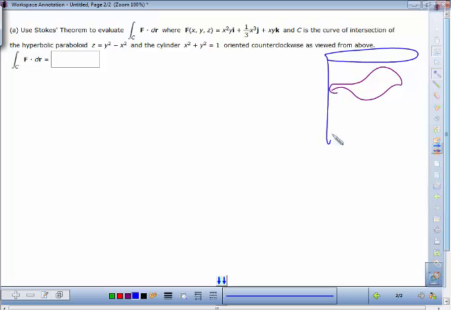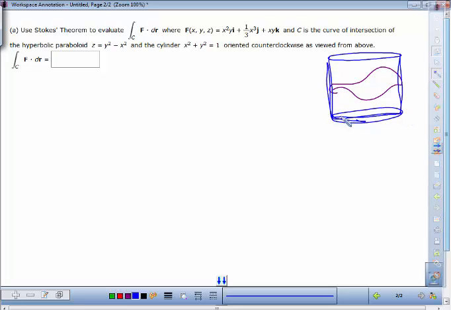But the intersection is with this cylinder. So this is your cylinder, right? And you're really just concerned about looking at it from the top. You're concerned about this saddle having this orientation that's going in a counterclockwise direction when viewed from above. So the orientation has to be going this way, right?